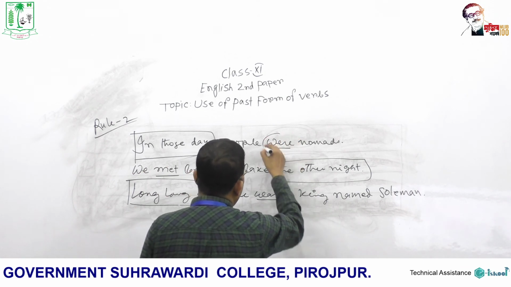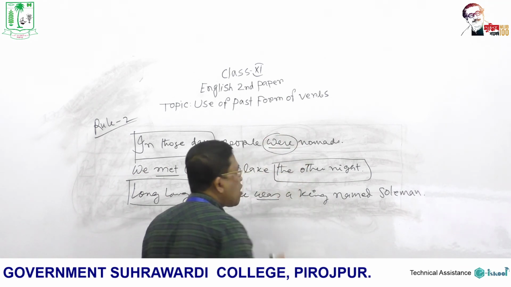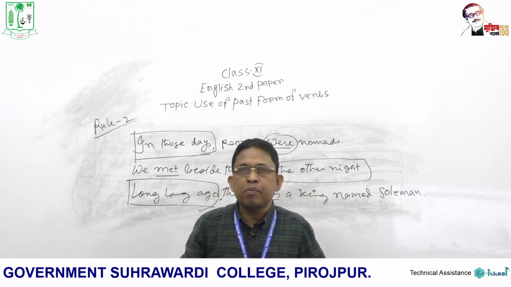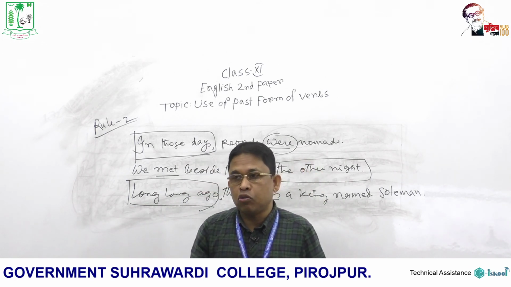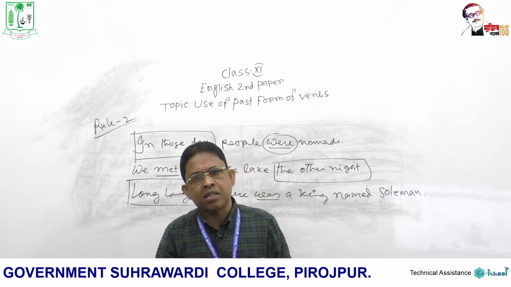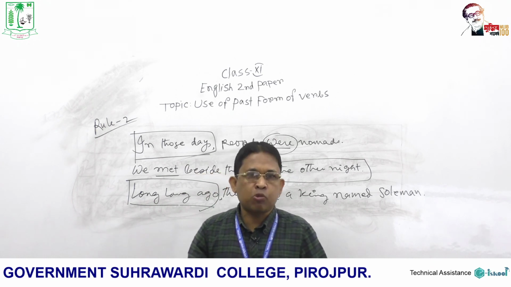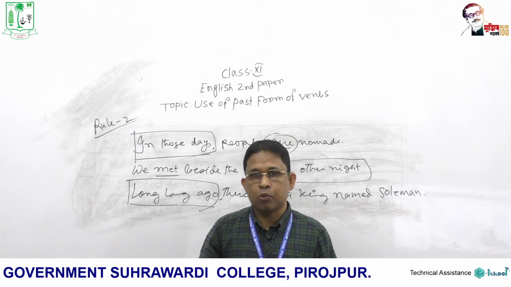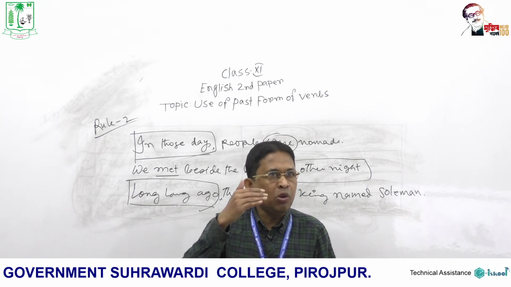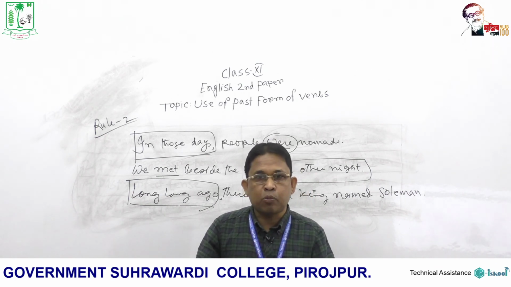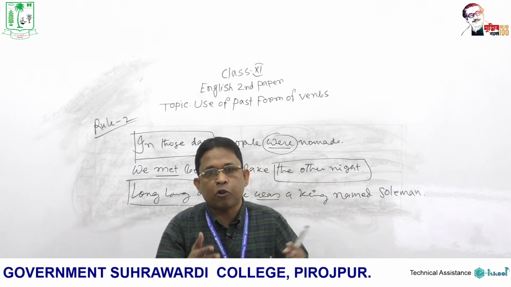In those days it indicates past action, so I have used were here. If you use people are nomads, this will be wrong. Nomads means people who do not have any permanent abode and who travel from place to place looking for fresh pasture for their livestock.